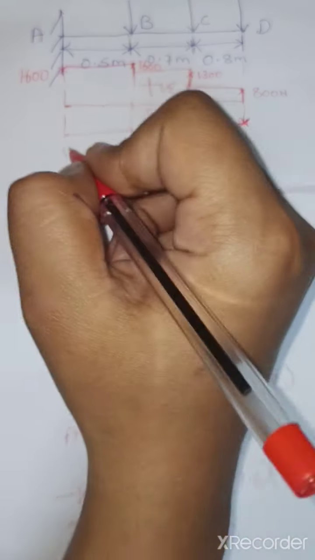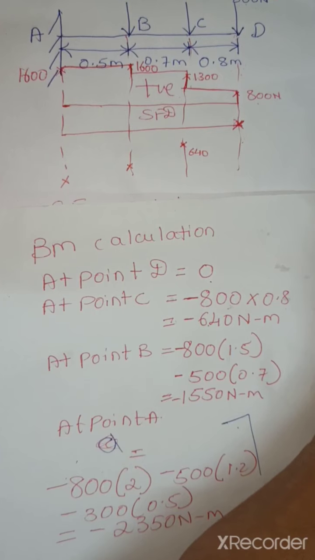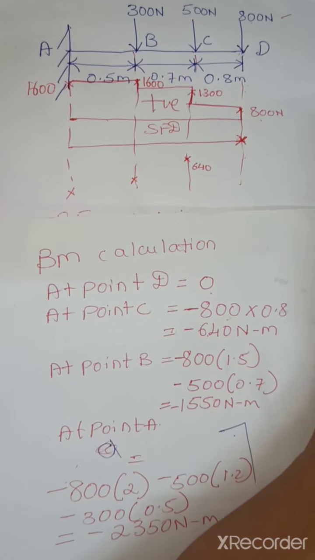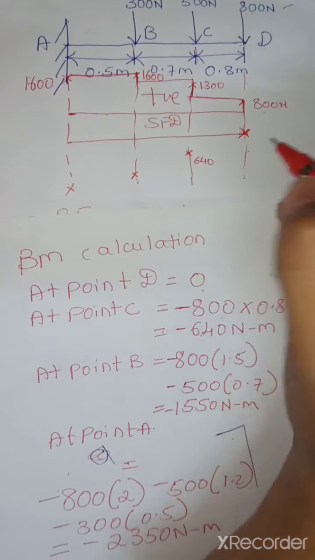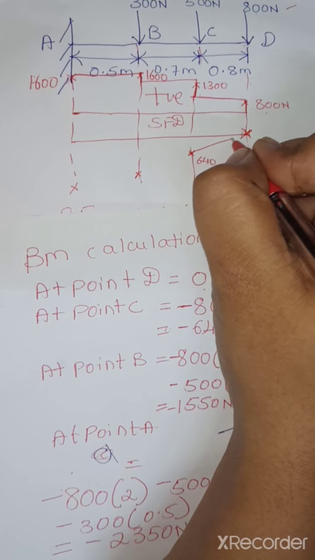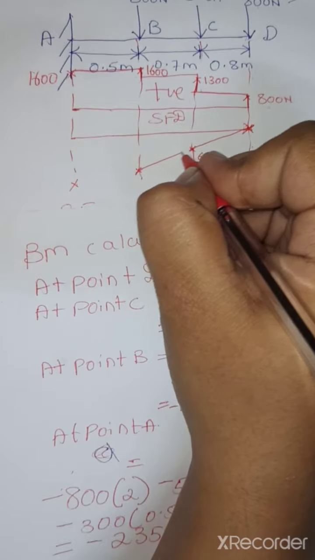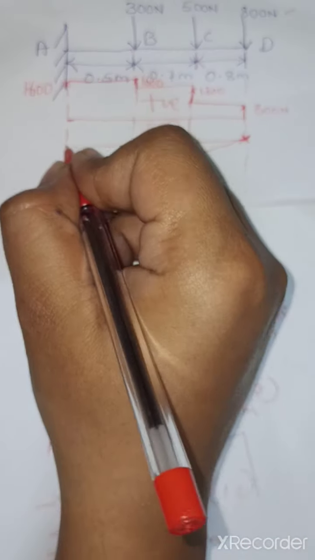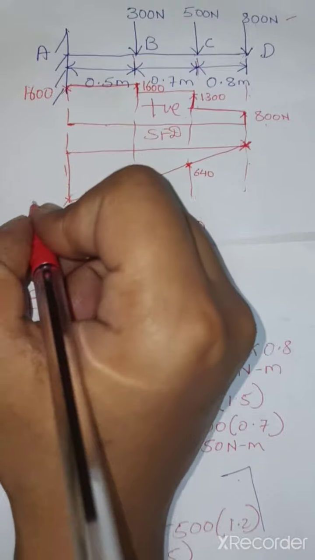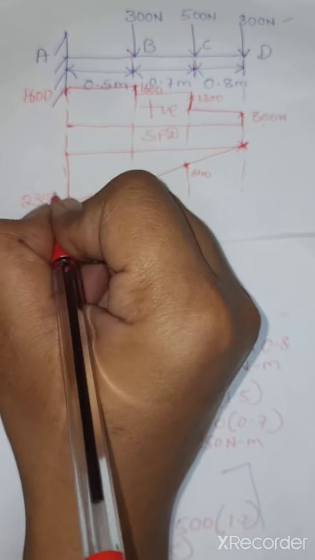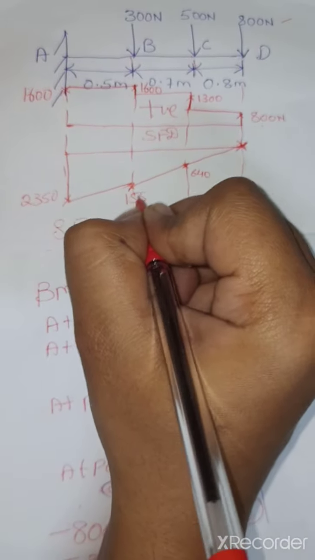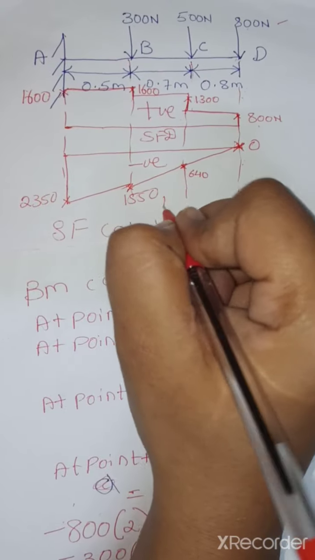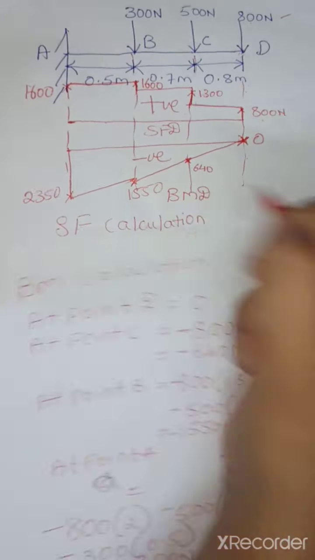In the case of the concentrated load, the bending moment variation will be linear. So just join these with a straight line. This is the linear variation. Mark here 2350, 1550, 640 and 0 with a negative variation BMD.